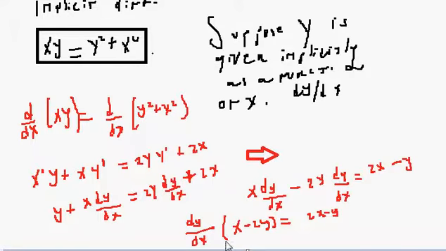So now I divide both sides by x minus 2y, and I will have that dy dx is equal to 2x minus y divided by x minus 2y. So that is what your derivative dy dx is.